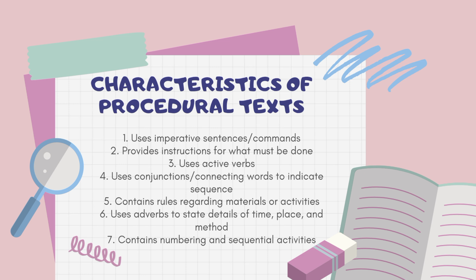Number 5, contain rules regarding materials or activities. Number 6, use adverbs to state detail of time, place, and method. And the last, number 7, contains numbering and sequential activities.